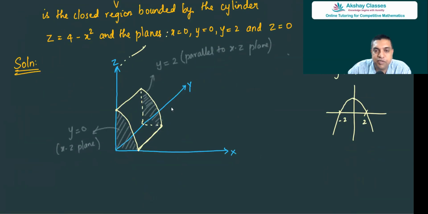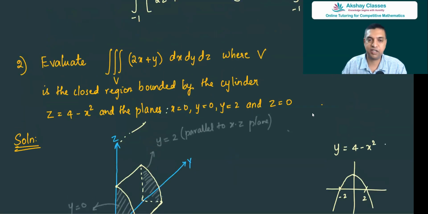So z equal to 0 is the xy plane. So the bottom plane is z equal to 0. This plane is x equal to 0. So it is bounded by 1, 2, 3, 4. So this is the volume that we need. In fact, you can say that I need this region in the positive octant.